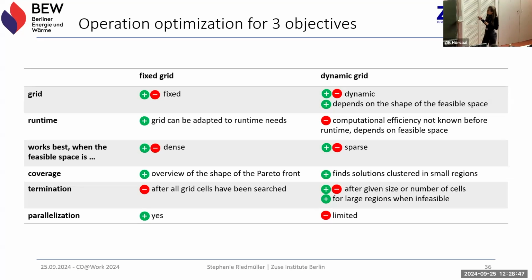The fixed grid algorithm terminates when we have searched all grids. For the dynamic grid algorithm, we can exclude large regions and then decide on our stopping criterion, for example the size of the grid cells. The fixed grid algorithm can be parallelized, while for the dynamic grid algorithm there are only limited options to parallelize.